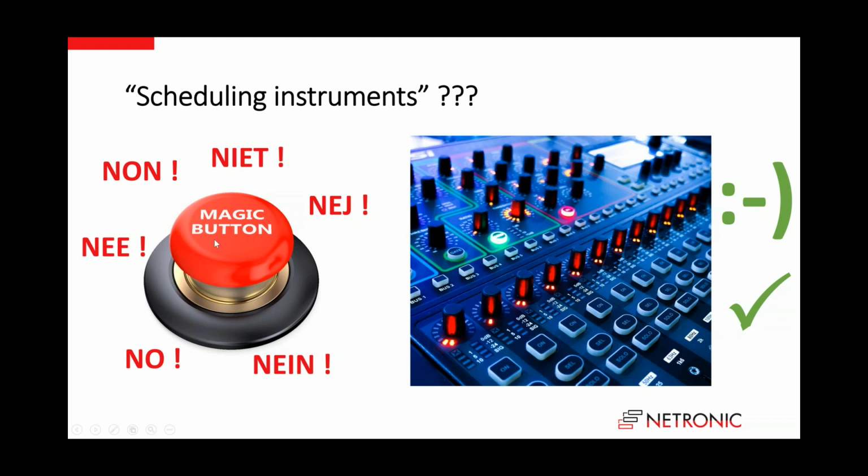They want this button that they think they can press and get a magically optimized schedule. This is not what the VAPS will deliver, and this is consciously not what the VAPS will deliver. And we are fundamentally convinced that this is also not what your customers should get.